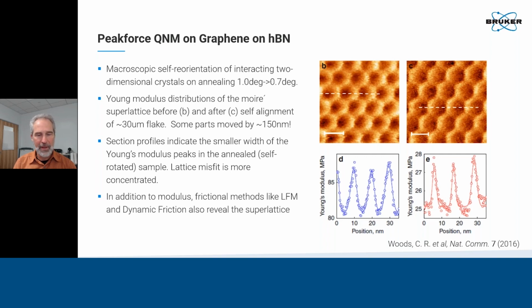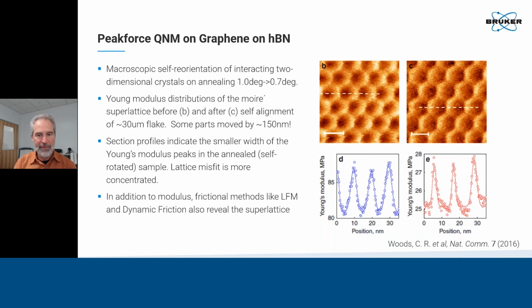Peak force QNM allows you to do modulus mapping. So you're looking at the modulus of the material perpendicular to the surface. I mean, it's measuring the bulk modulus, but in a layered material like this, the direction of the measurement is perpendicular.